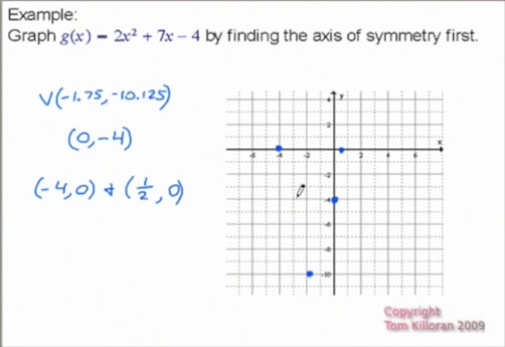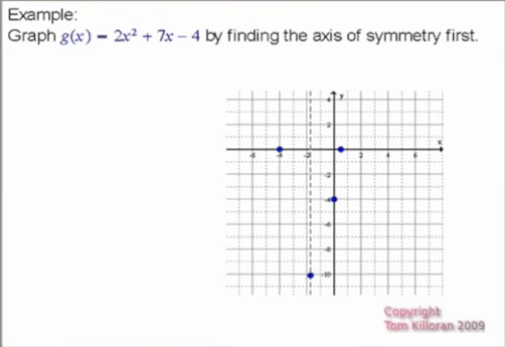So we'll get a point over here, and we can finish off our parabola. So here are the 4 main points with the axis of symmetry perfectly placed. And then we have our 5th point over here at 3.5, negative 4, and we'll just draw our parabola through those points.